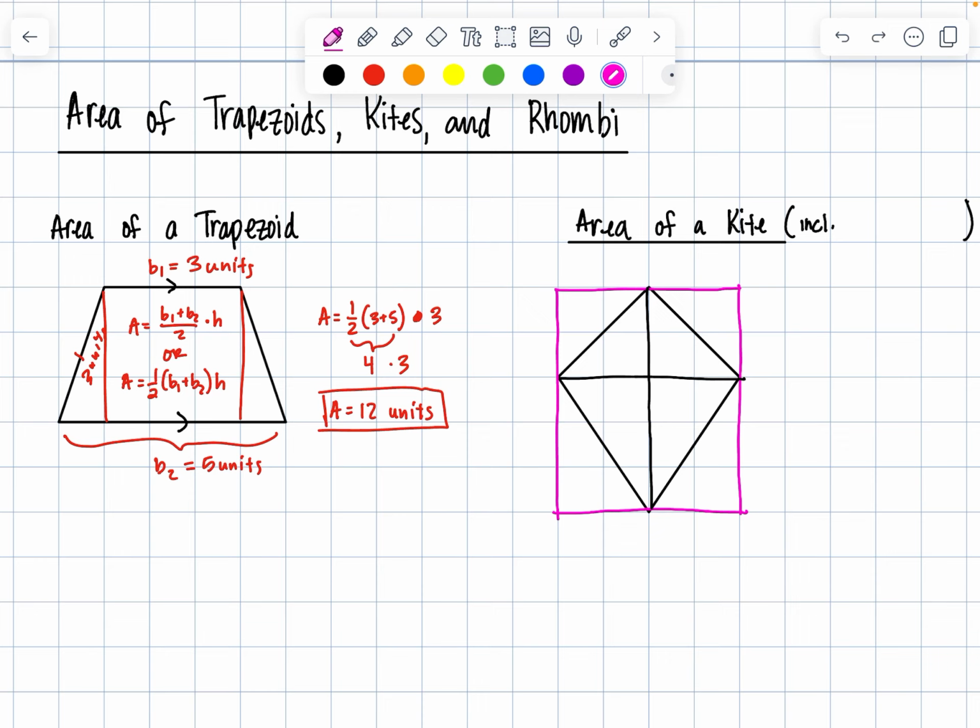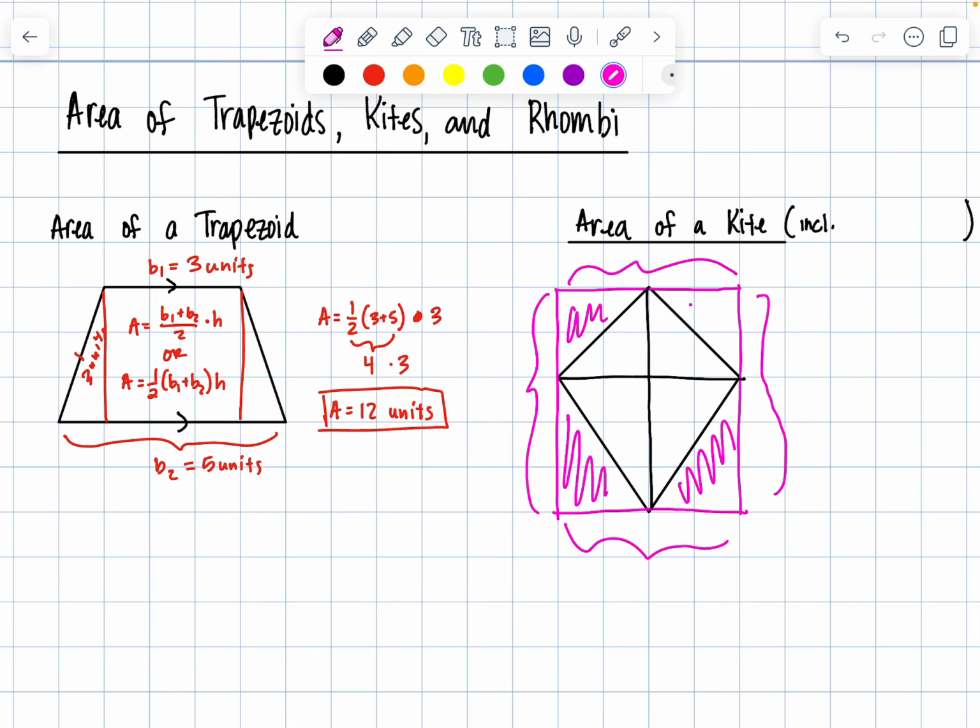So if we're calculating this piece, we're actually calculating a triangle. Same thing here, same thing here, same thing here. If you remember your equation for a triangle, it's 1/2 base times height. So that's what we're going to do here. We're going to calculate the area of this rectangle, but cut it in half, because we're cutting out all of these extra pieces.